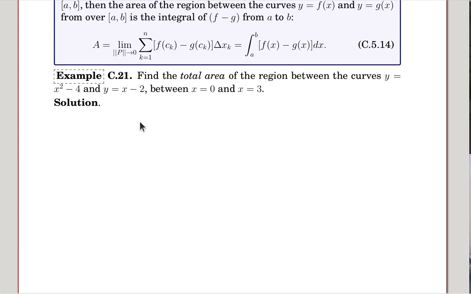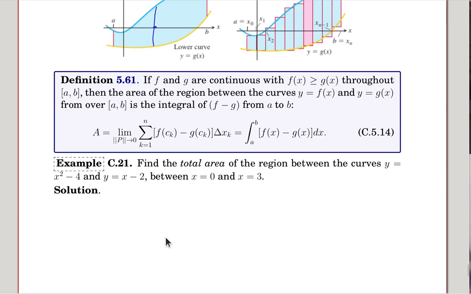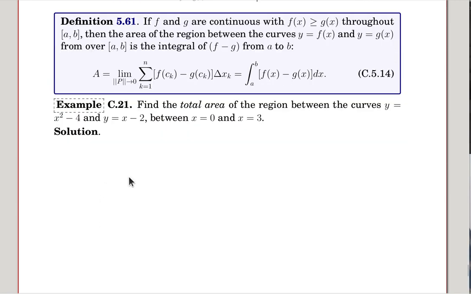And now in this example, we'll try to find the total area. Total area means that in some portion f may be smaller than g, and we have to find the area so that each portion is contributed positively. Okay, let's try to visualize the problem first. That's from 0 to 3.